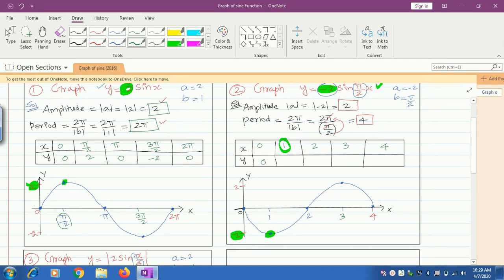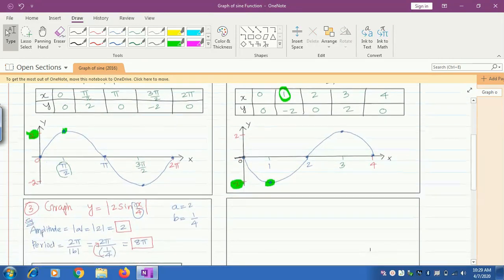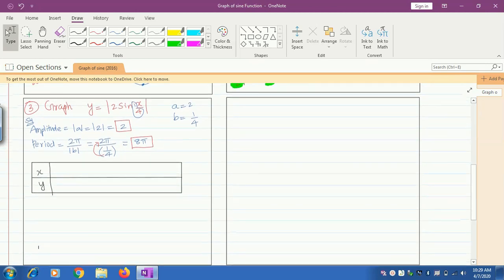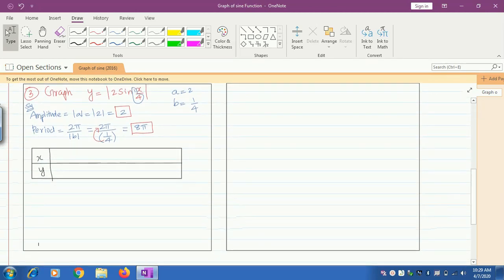The next value is minus 2. Then it comes to 0, then 0. Here it is an absolute value, so let us go with this. This is x and y. First we draw the graph, after that we will fill the table.